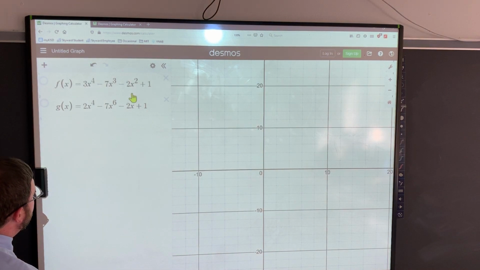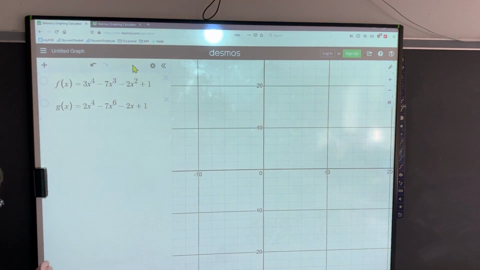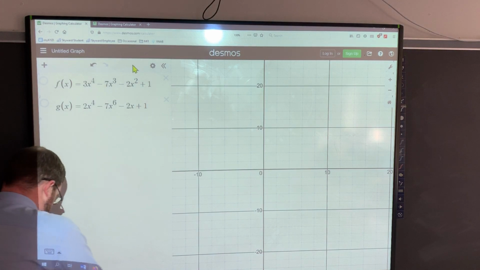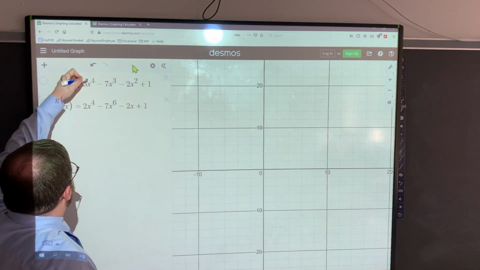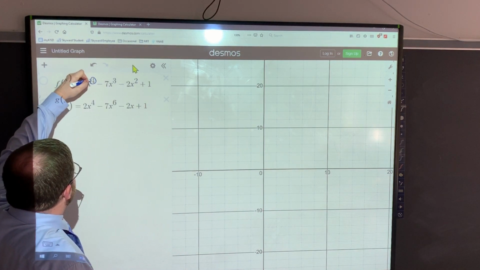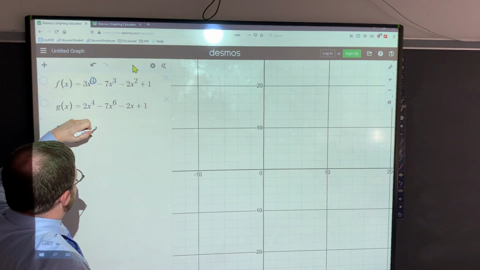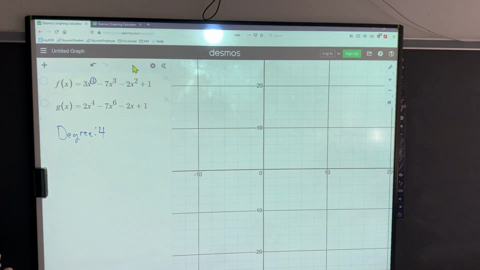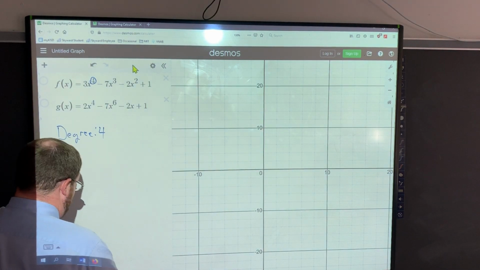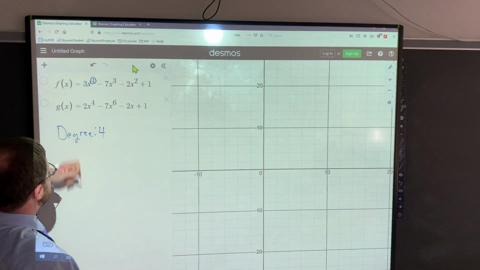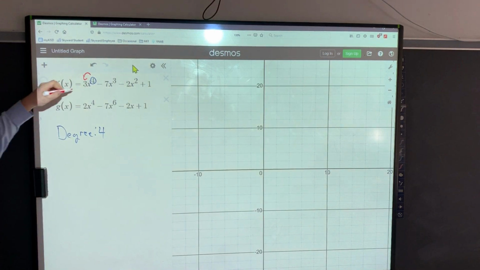Okay, so we've got this function at the top, function f. I've got this 4, that is the highest exponent. My degree is 4. My leading coefficient is the coefficient that is in front of that.